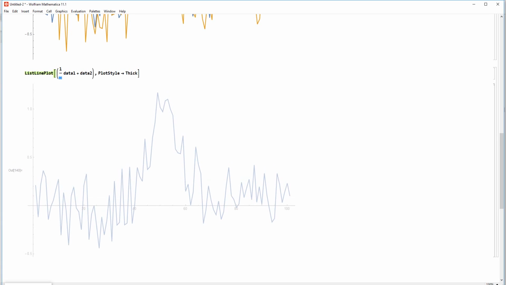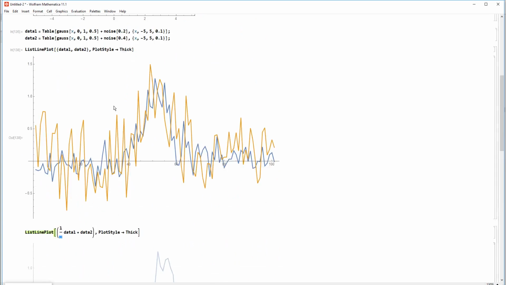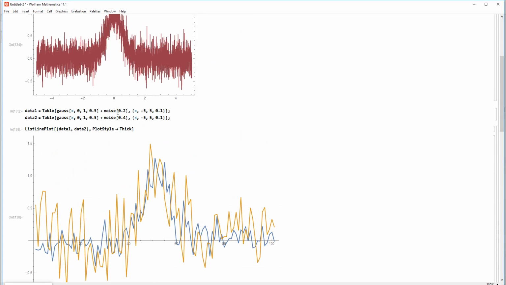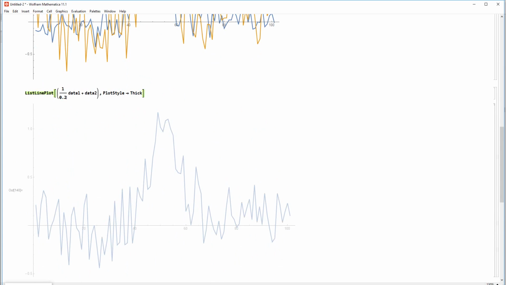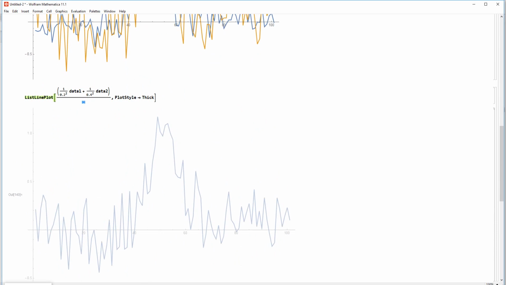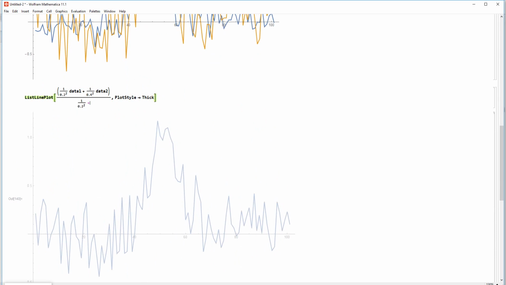That means each dataset gets weighted with the inverse of the standard deviation squared. This was 0.2, this was 0.4. And the whole thing is then divided by the sum of the two. That was our definition of the weighted average.